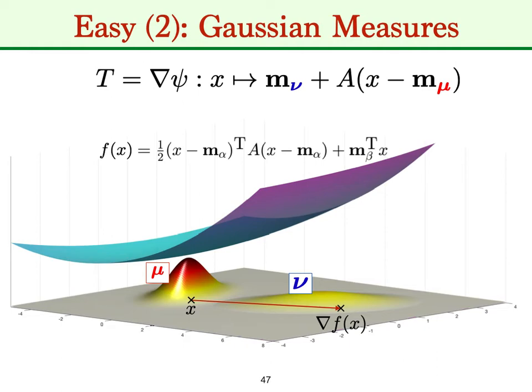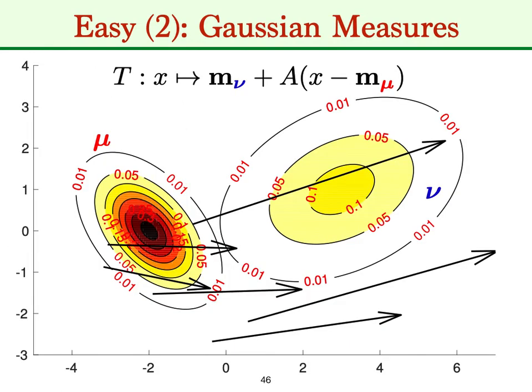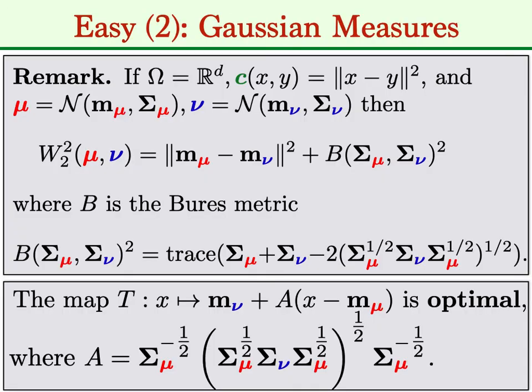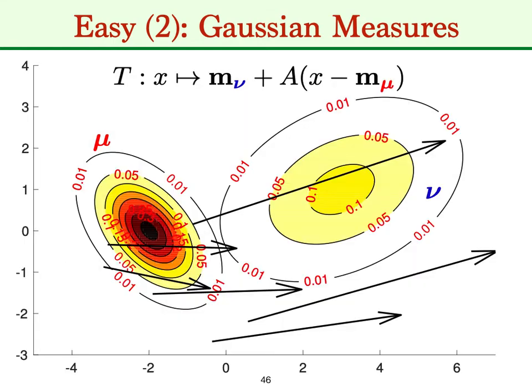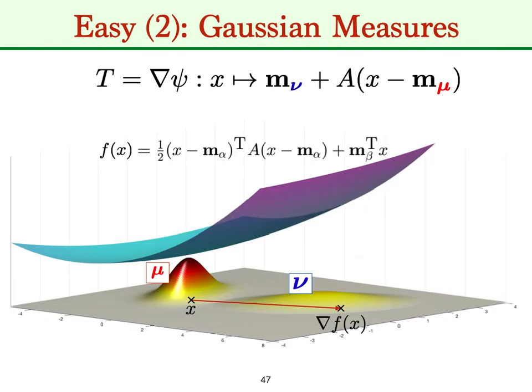And what is nice about this quadratic form is that this is just an identity. This quadratic form is positive definite. It's just a bunch of left and right products of positive definite matrices and square roots, which all conserve positive definiteness. Therefore, the map T is the gradient of a quadratic convex function, a quadratic positive definite, therefore convex function, and it maps mu to nu, therefore it must be optimal.